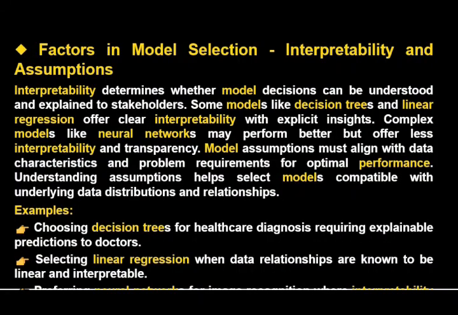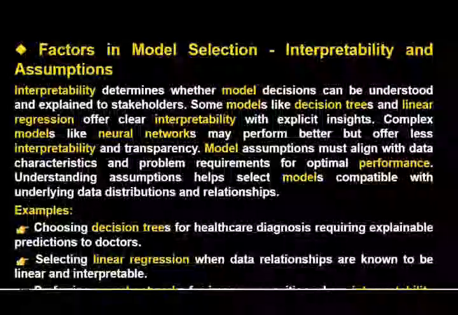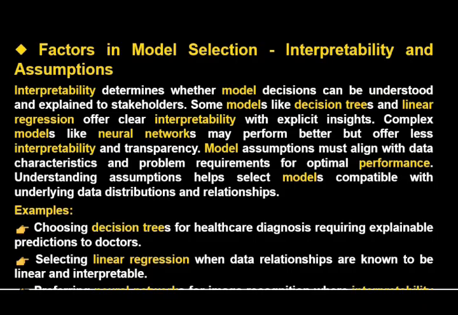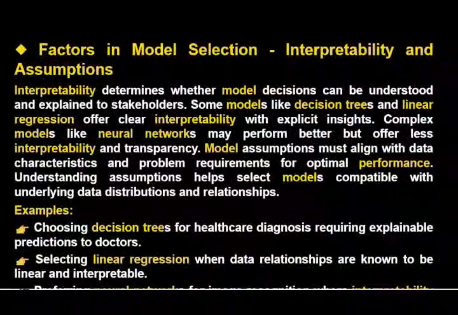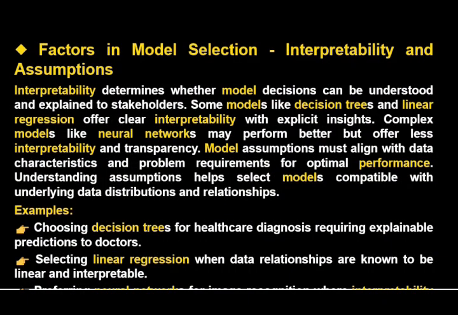For example, linear regression assumes linear relationships. Decision trees assume rule-based splits. In domains like healthcare and finance, interpretability is often treated as the most important aspect. The extent to which we understand the data plays a crucial role.